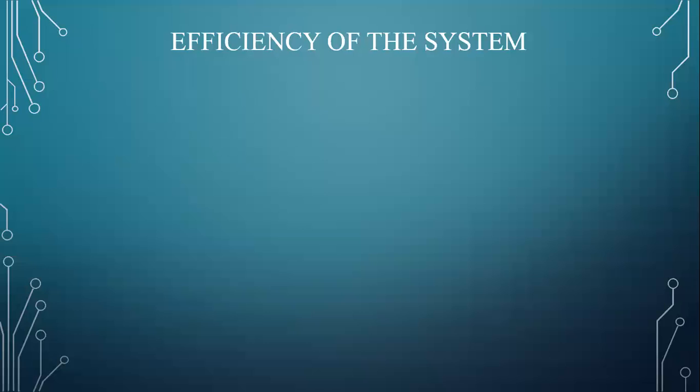So when a body performs work, how much work it performs we can determine with the help of the efficiency of the system. Sometimes we provide a lot of energy to the system, but there is a very small output. So how can we determine the efficiency?